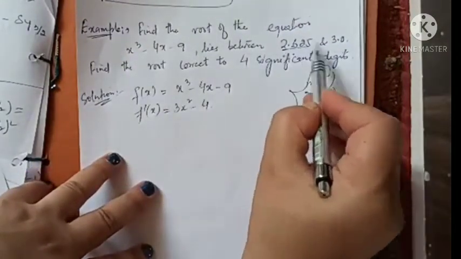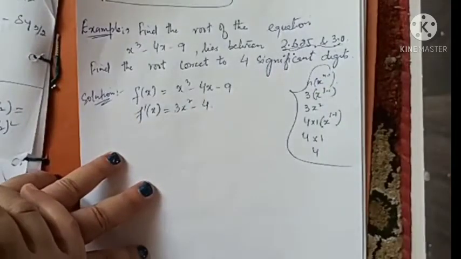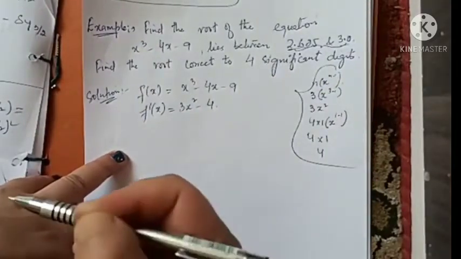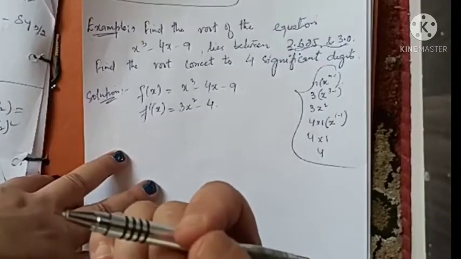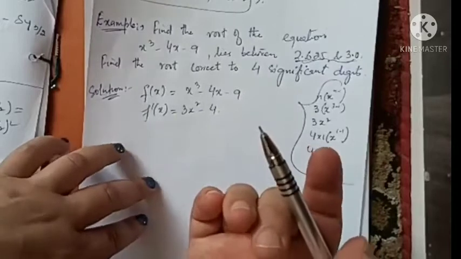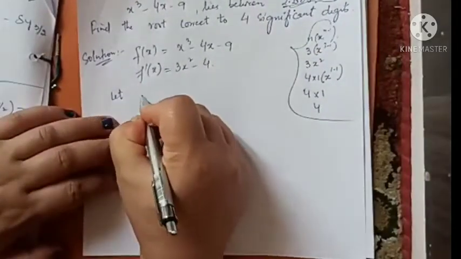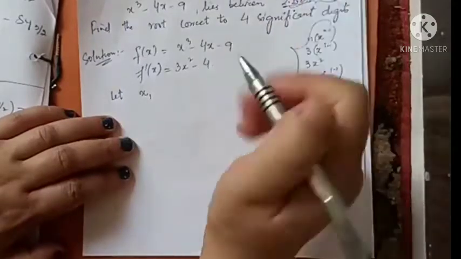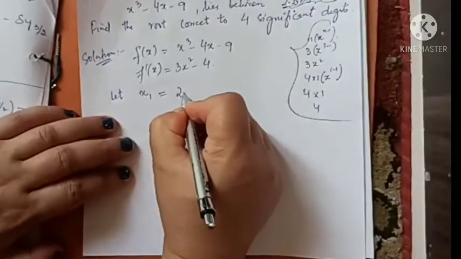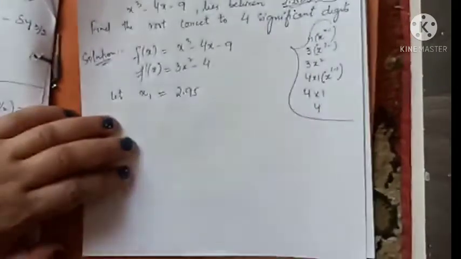It means from this point to this point you can take any of the initial guesses. It is always better to take a value closer to this. So let our initial guess, which we choose between these two, be equal to 2.95. Sometimes the initial guess will not be given.